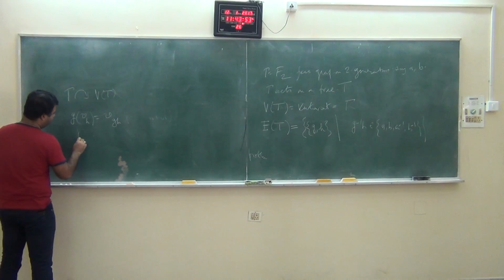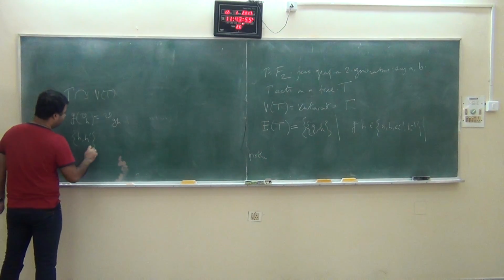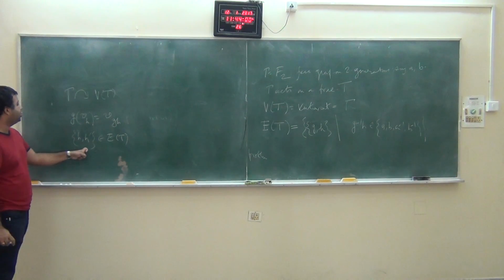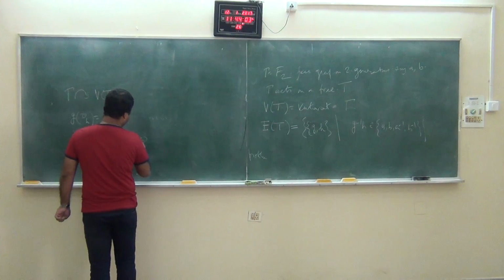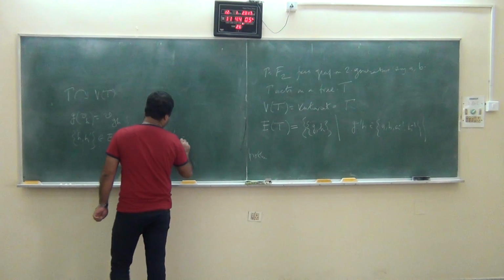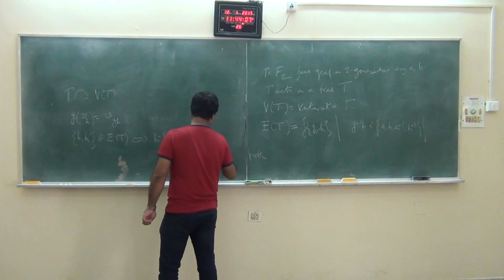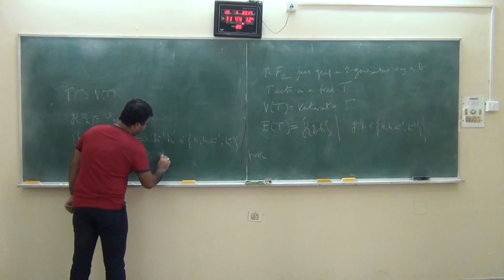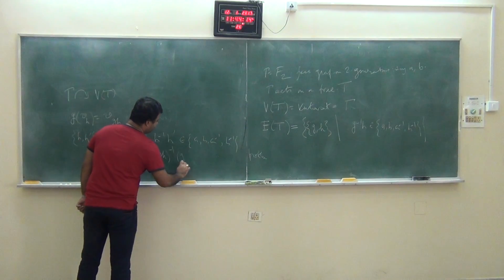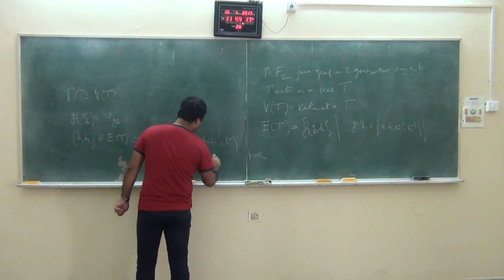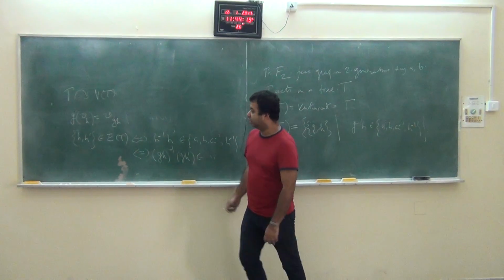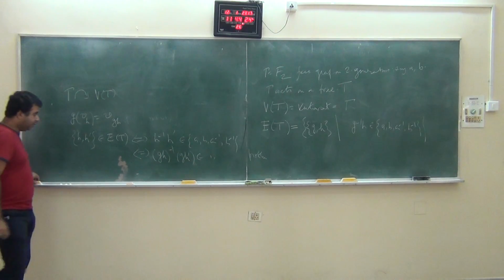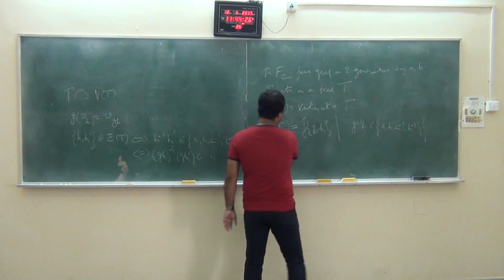Obviously, if H prime is adjacent to H, that means H inverse H prime is in this set. And obviously that means this element GH inverse GH prime is also in this set. So that means the group also acts on the edge set. Very simple.